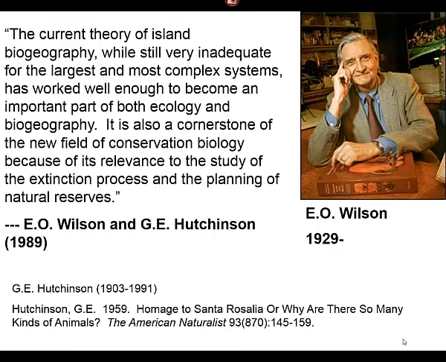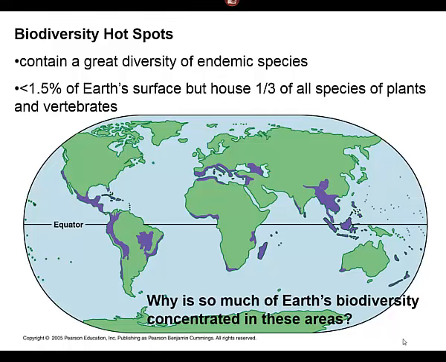From that, people were also starting to expand out from island areas to large-scale global patterns of species richness and species diversity. And this brought in the terminology of biodiversity hotspots, that a hotspot contains a great diversity of endemic species. Those really key central areas of biodiversity only occupy less than 1.5% of Earth's surface, but they house 1/3 of all species of plants and vertebrates.